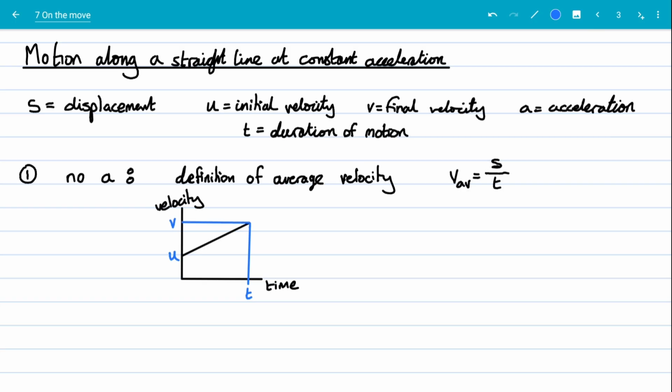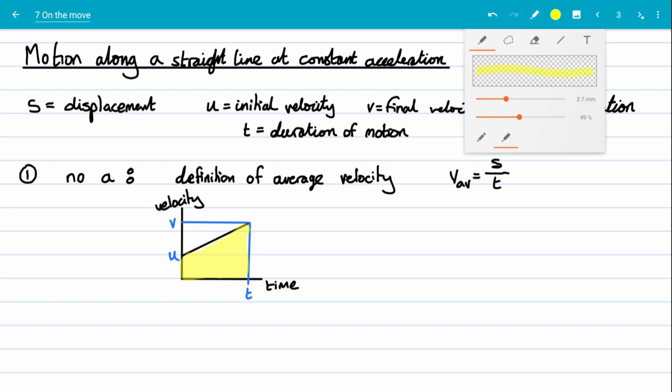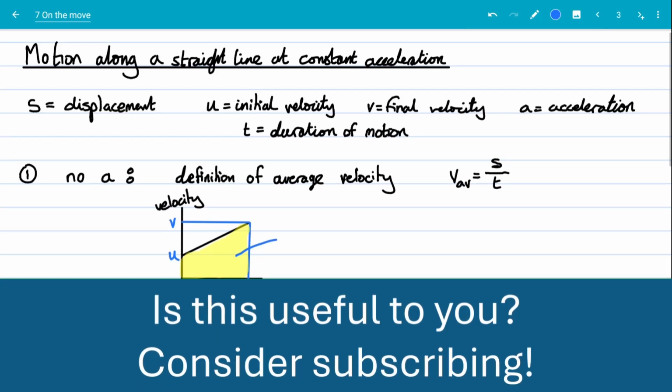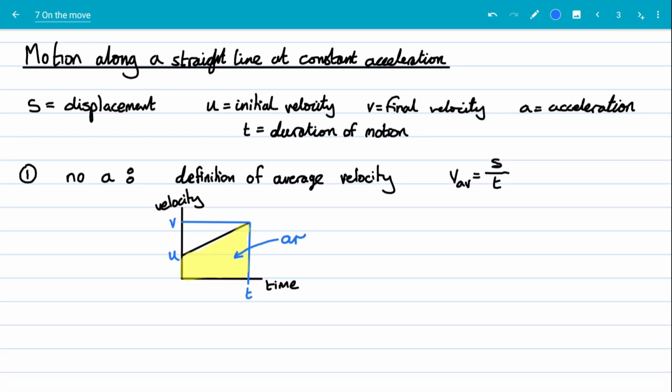And if we remember, the displacement was the area under this line. That's what we called the displacement. So we can go ahead and label that area equals displacement. And if the acceleration is constant, then we'll have a straight line.